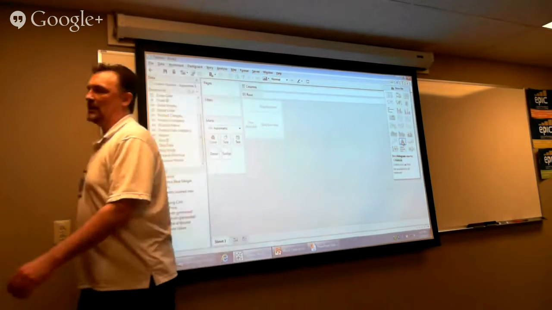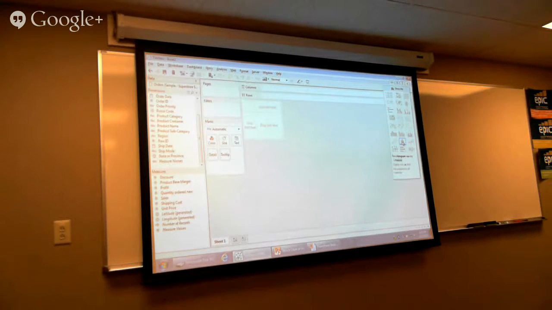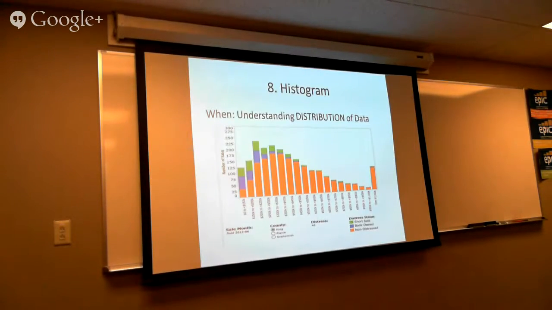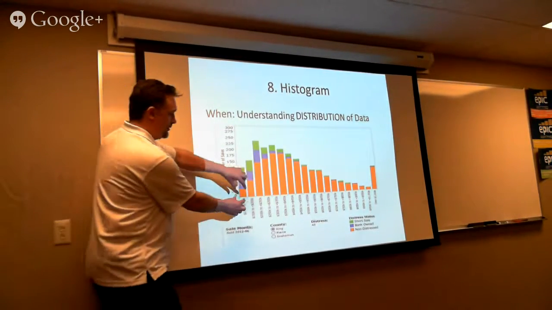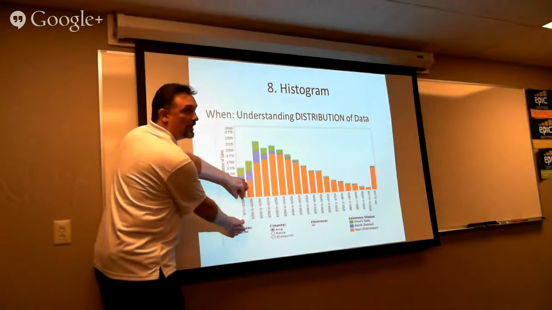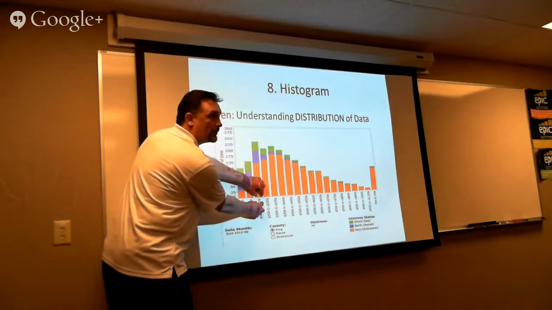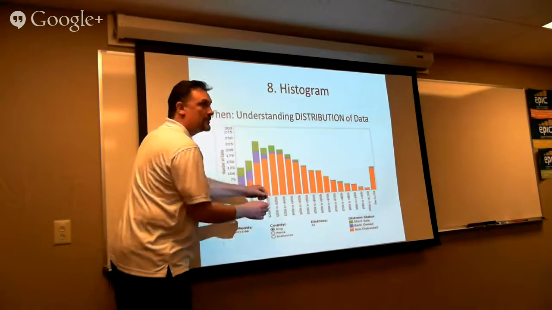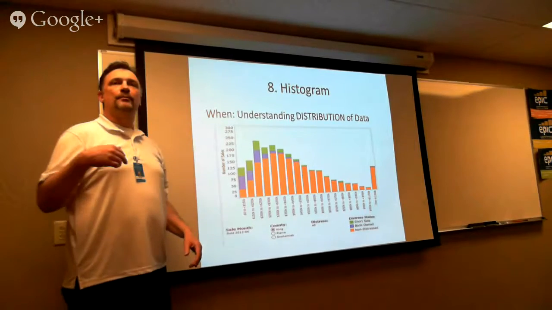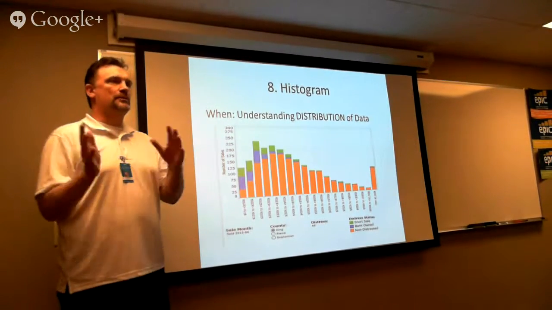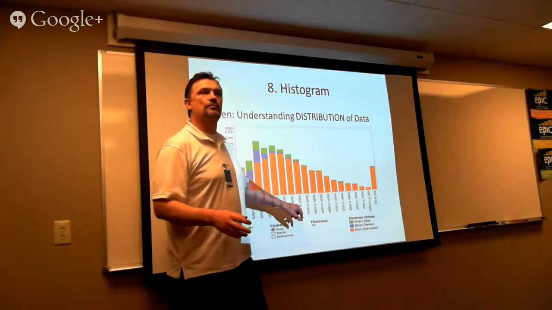And what does that mean? A bin basically is which ones go into this chunk, which one goes into this chunk, which one goes into this chunk, right? And there are rules of thumb and computations on how many bins you should be using.